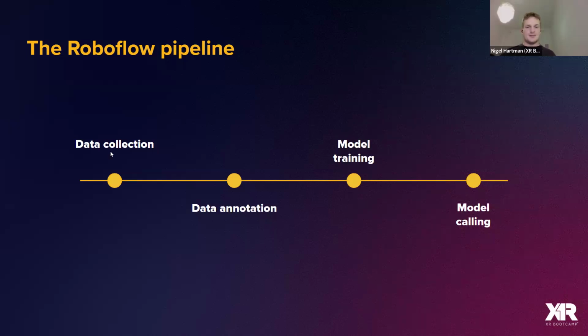That we can use after that for the training of the model, which is basically 90% automatic at Roboflow. It's automatically training, and you just need to wait a couple of minutes. Actually, per model, maybe it could be 15 or a bit more minutes, depending on the size of your data. And at the end, you are directly able to call the model by already automatically provided APIs from Roboflow.